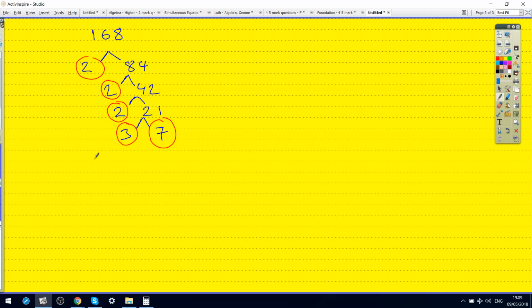And so product means times. And so 168 equals what? How would you write it? Equals 2 times 2 times 2. So it's all of the branches multiplied together.